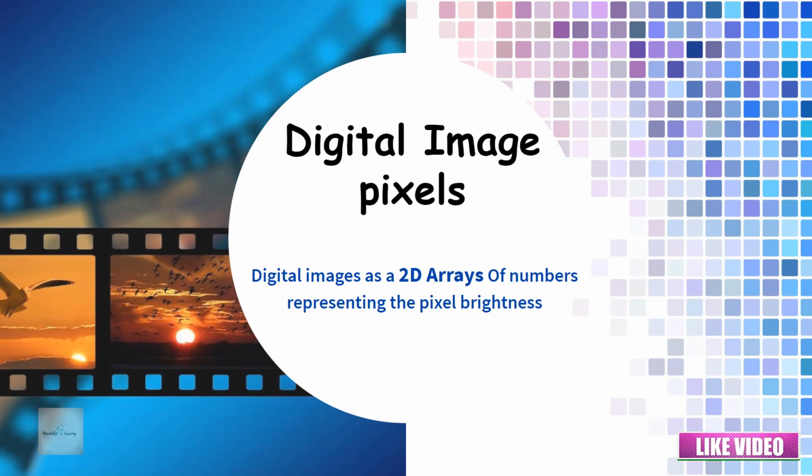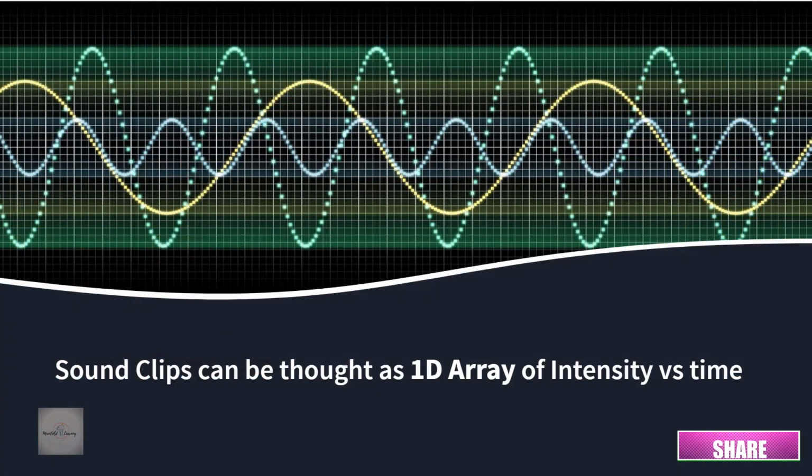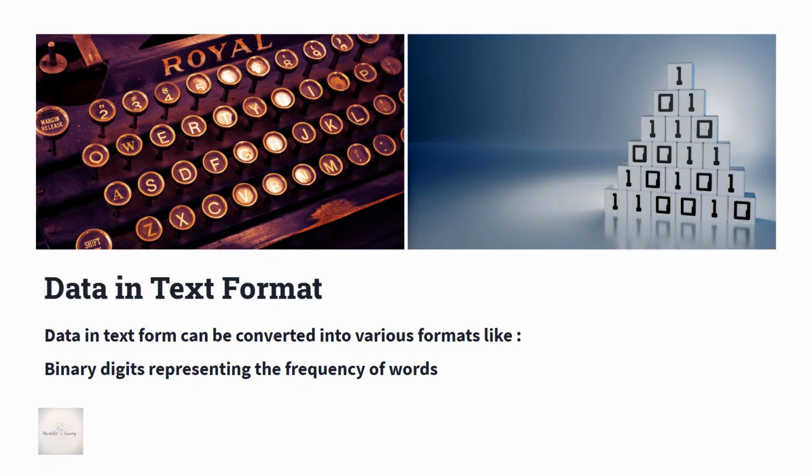In the same way, a sound clip or audio clip can be thought of as a 1D array of intensity versus time. And we can also have data in text format, where the text can be converted into various forms, like binary digits representing the frequency of certain words.